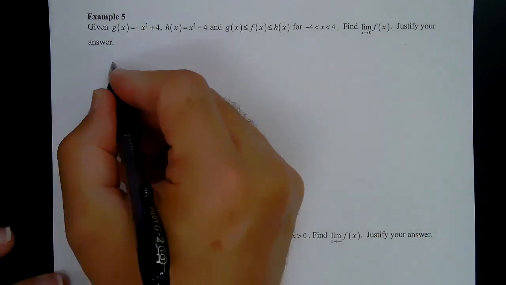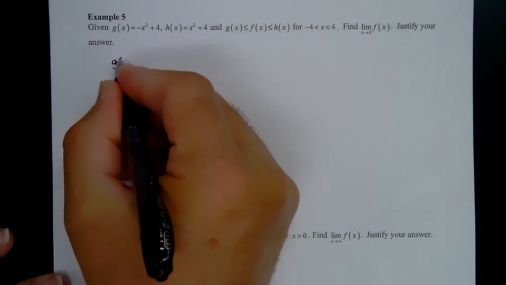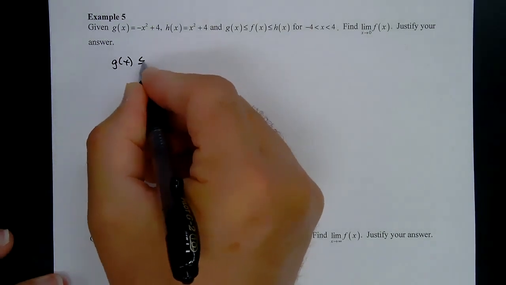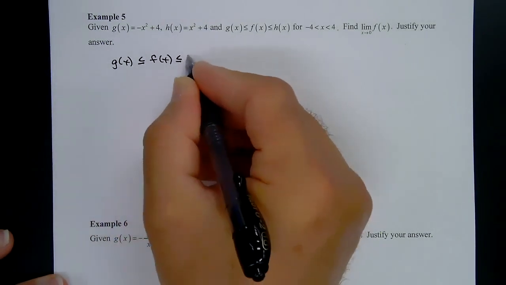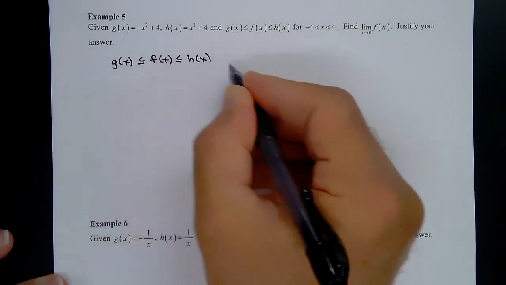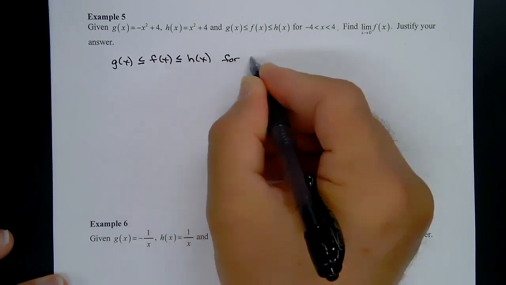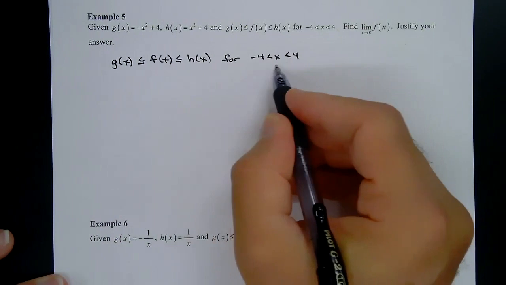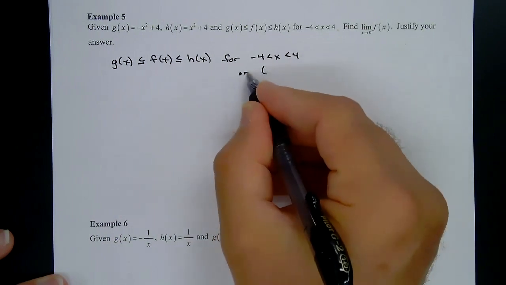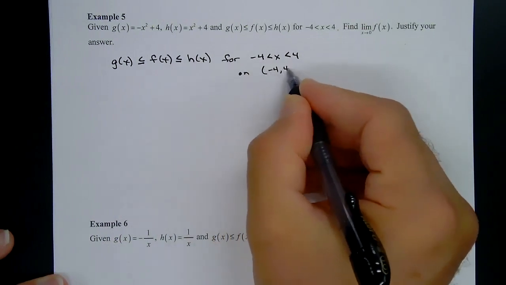So that means we need to show g of x is less than or equal to f of x, which is less than or equal to h of x, for -4 less than x less than 4. Or you could also say on -4 to 4.